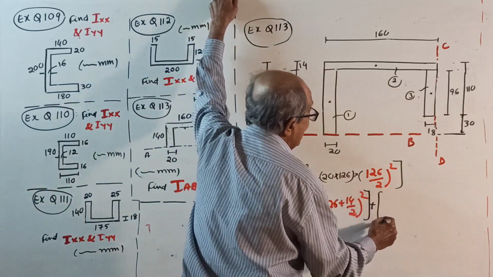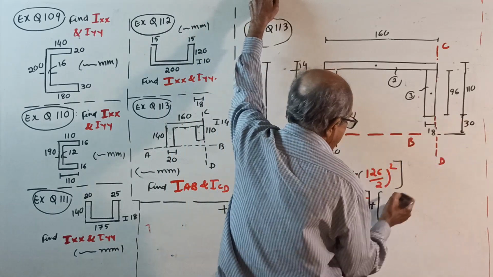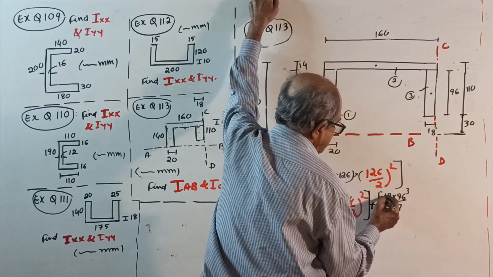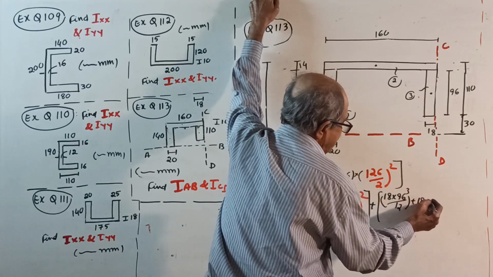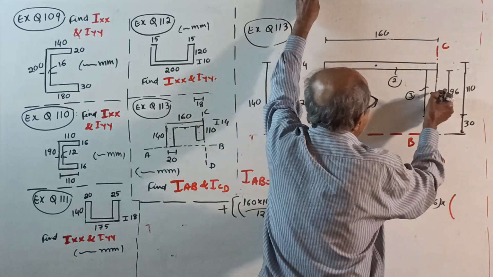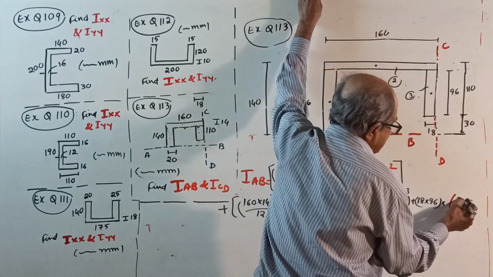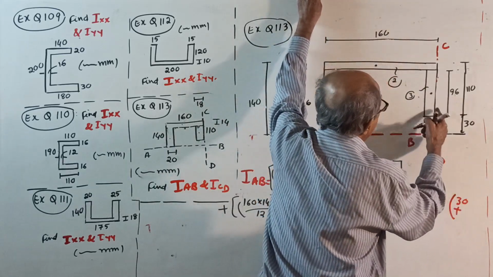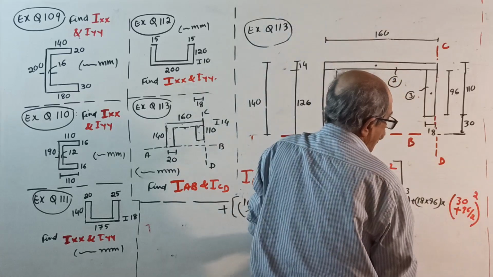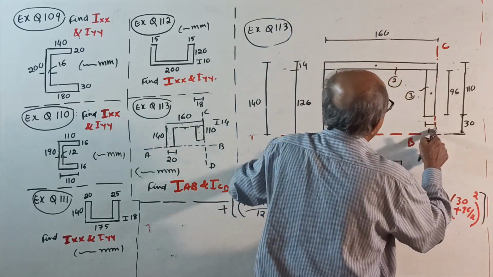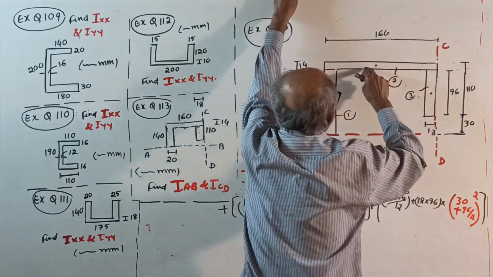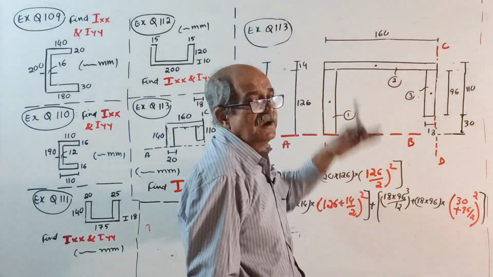Plus the last one, 18 into 96 cubed by 12, plus the area 18 into 96, into here 30 plus another 96 by 2, whole squared. Or if you do not want the 30, it is total 140 minus 14 minus 96 by 2. That also will do.